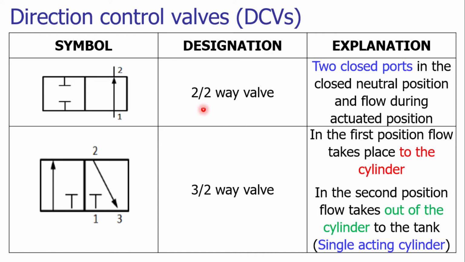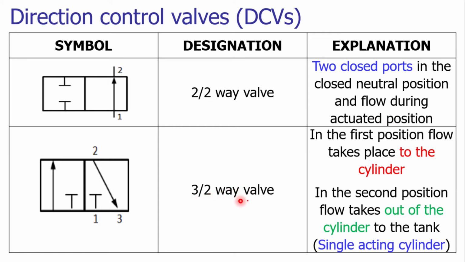On your screen you can see a 2 by 2 way valve. It is having two positions and two ports. By default it is blocked. When we are actuating, port 1 is getting connected to port 2. So it has two closed ports in the neutral position and the flow will occur when we are actuating the valve.